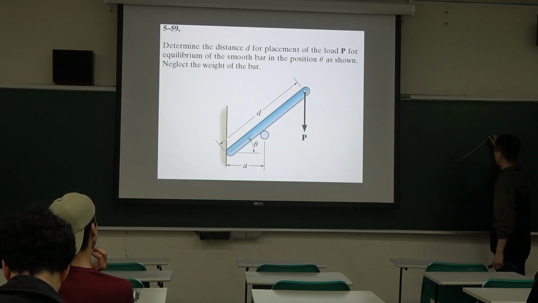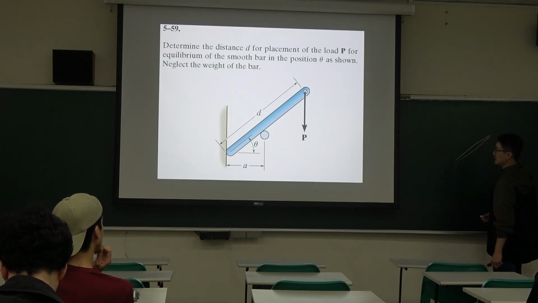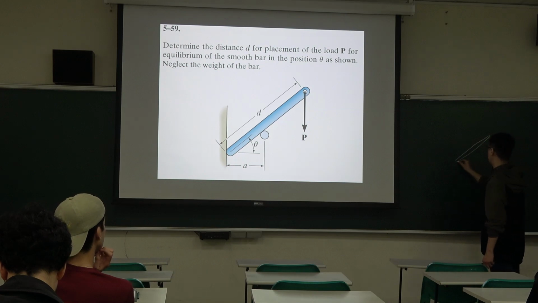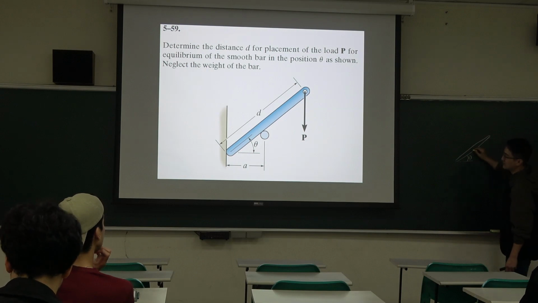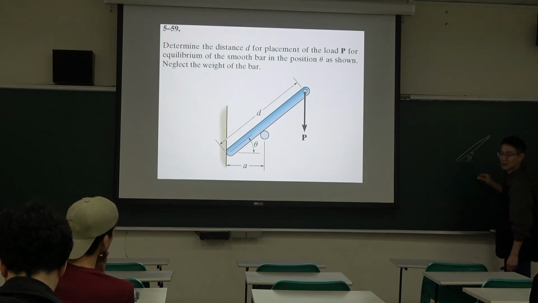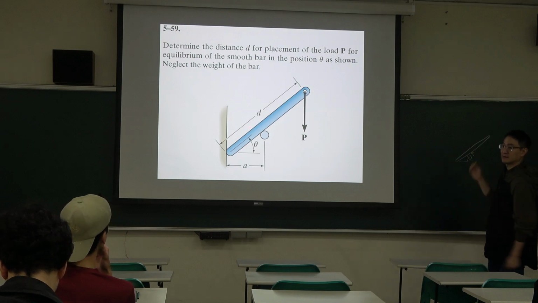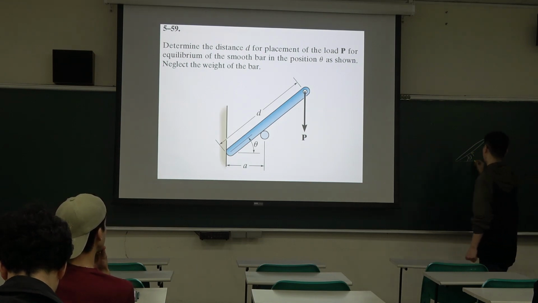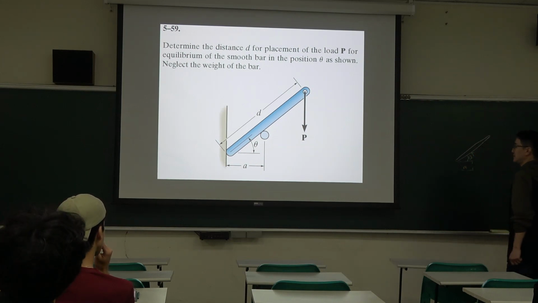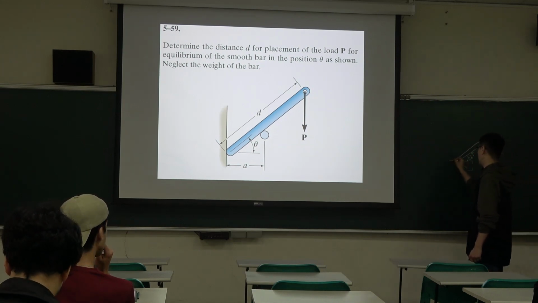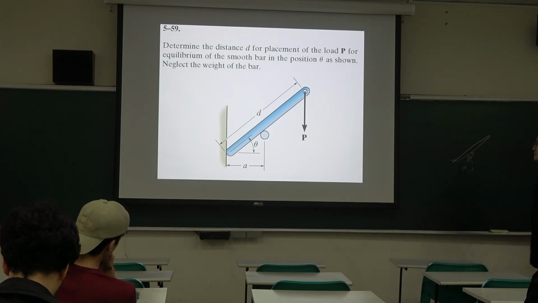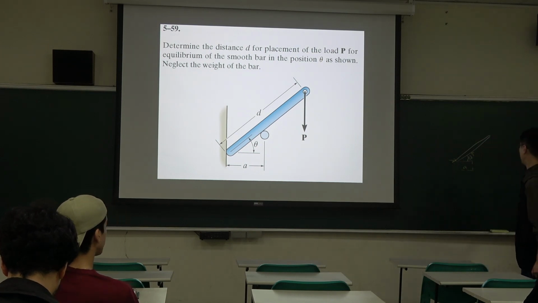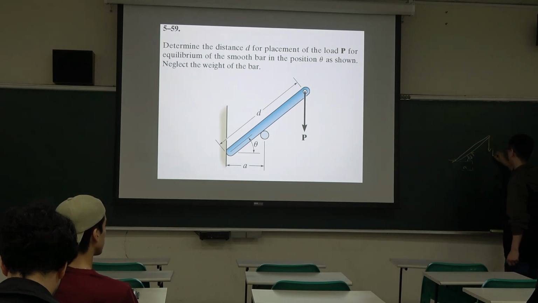So a bar looks like this, and theta here. So theoretically, we have a vertical reaction, normal here. Then this distance is A. Here we also have a reaction. We don't know it. And here is the loading P.